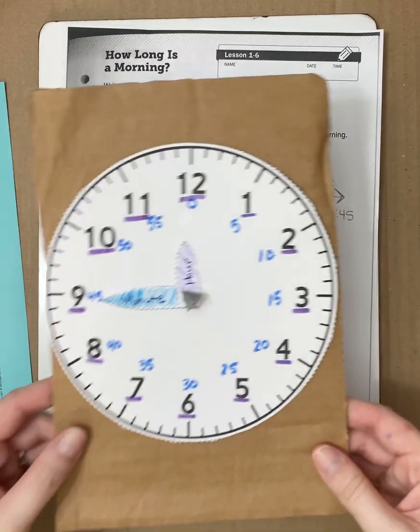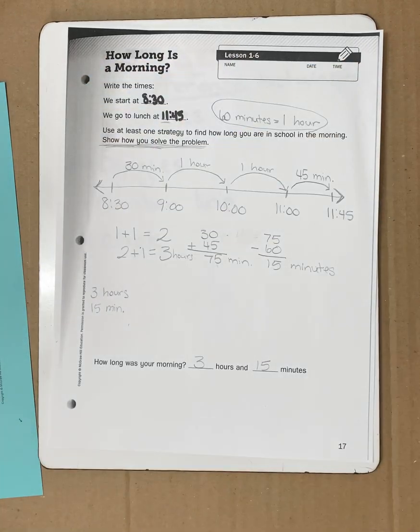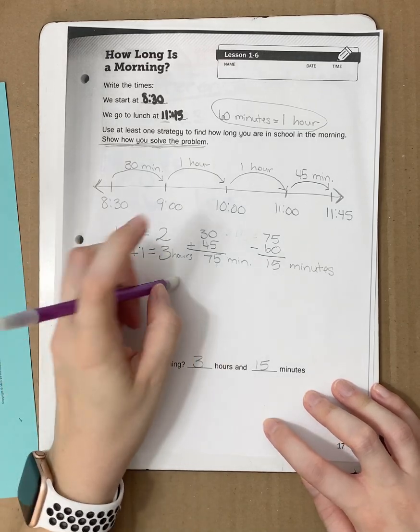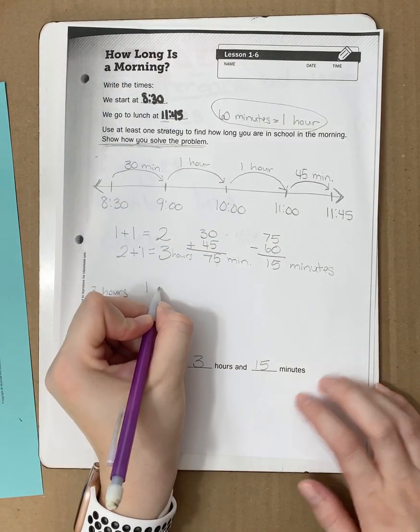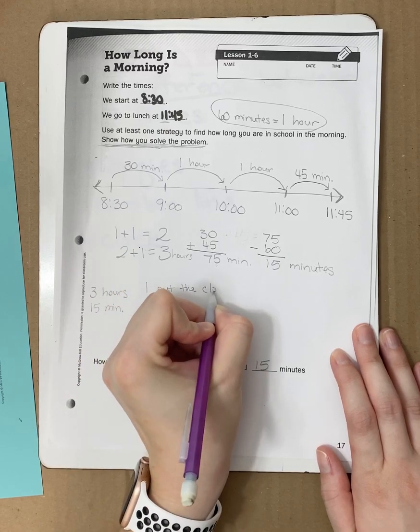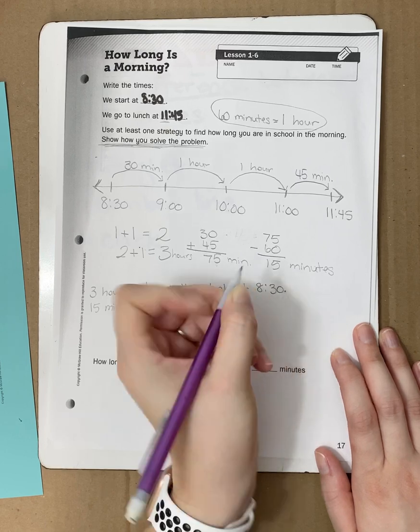Okay? So then if I'm going to explain how I used the paper clock, I could say I started, I put the clock at 8:30.